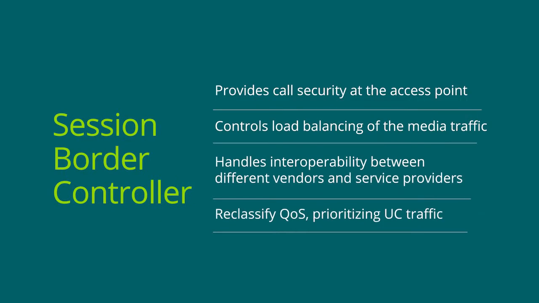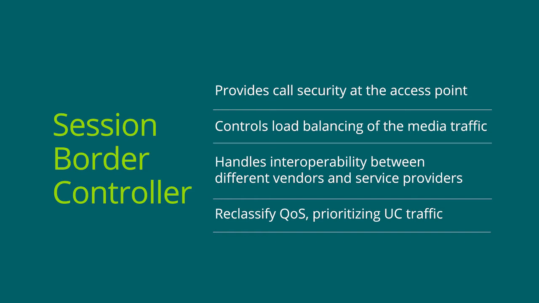As I've mentioned before, UC consists of several underlying protocols to work: signaling such as SIP, controlling the call setup process, and the media, voice and video, running on RTP. The SIP trunk provides connectivity to the provider and introduces a new component into the mix, the Session Border Controller, or SBC, which, one, provides call security at the access point beyond what a firewall can do.